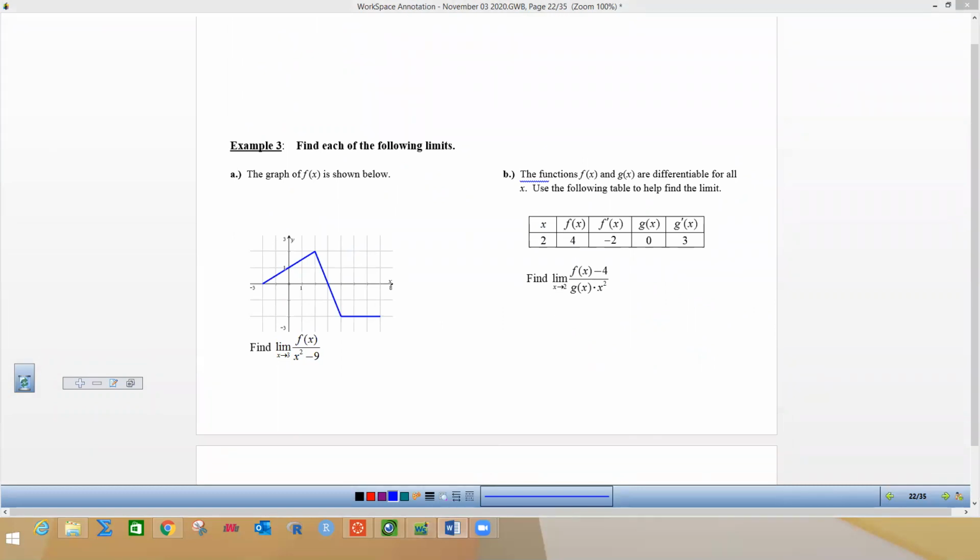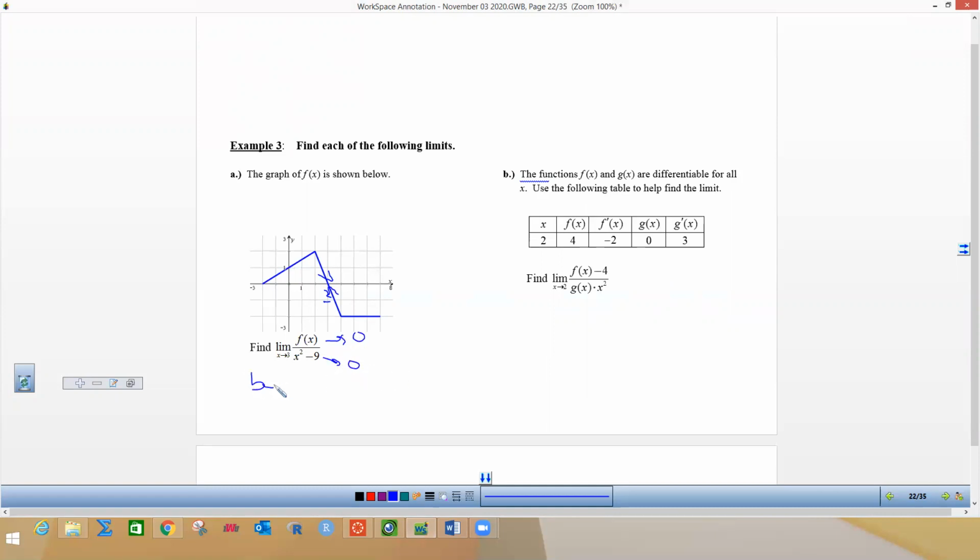All right. So this one says use the graph to find this. So you want the limit as x approaches 3. Yeah, that's a 3. So here's 3 right here. So from the left and the right, this goes to 0, and you should show this individually again, and then 3 squared minus 9 is 0.